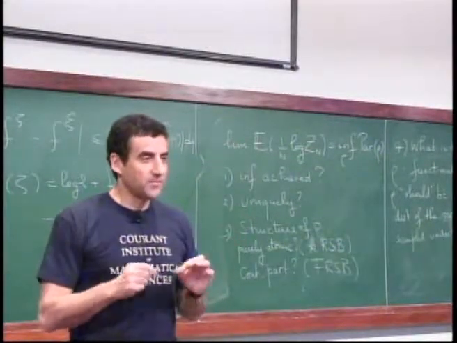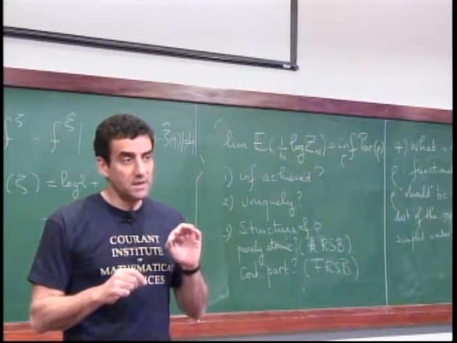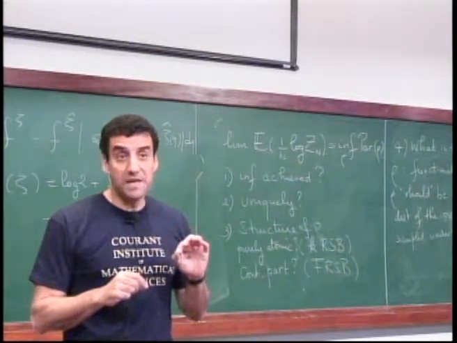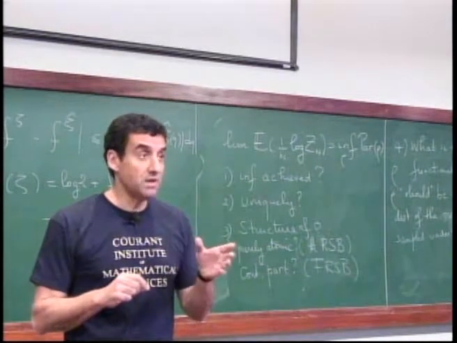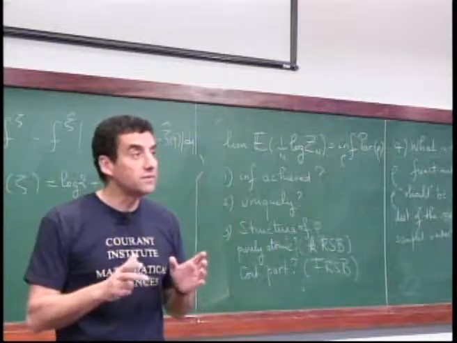a strange object. What is also expected is that if you take a p-spin model, when p is larger than 3, the structure is different. 2 and 3 are very different.